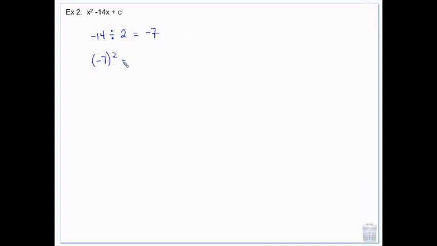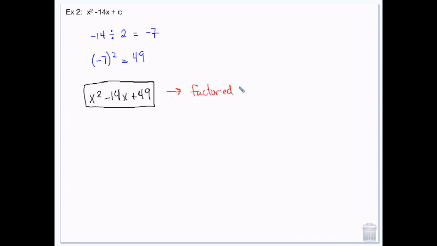Negative 7 squared is 49. So my new perfect square trinomial is this. And just, if it were to factor, it'll be x minus 7 squared.